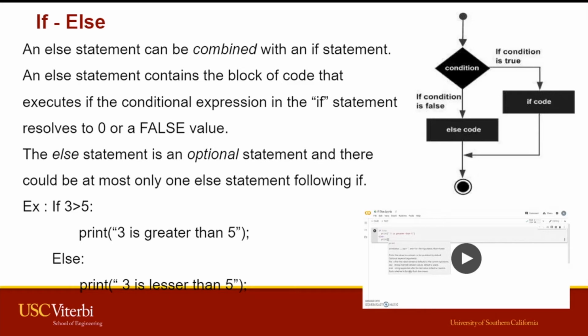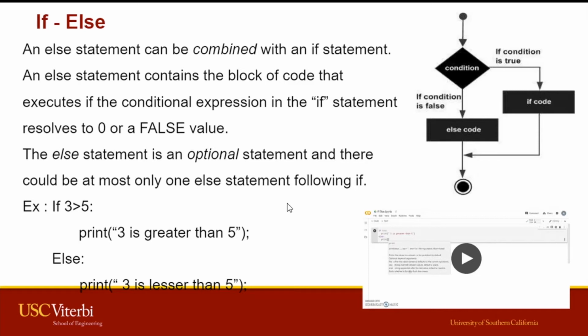In the flowchart on the right hand side, we can see that if the if condition is true, the if code gets executed. Else, if the if condition is false, we come to the else part. In our example here, if 3 is greater than 5, we print "3 is greater than 5". Else, we print "3 is less than 5".